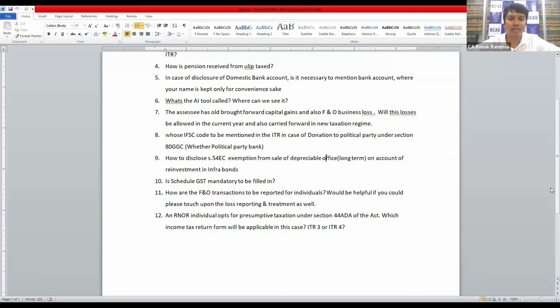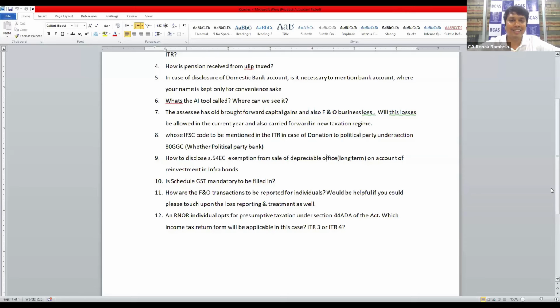I think, Ronak, the practical challenge here would be that when the block ceases to exist, it would probably be classified under short-term capital gain. But due to a lot of judicial decisions which have said that since the asset has been long-term in nature, you can still claim 54EC and 54F. And the challenge is really how to claim that deduction in the ITR. Correct. That is what I said.